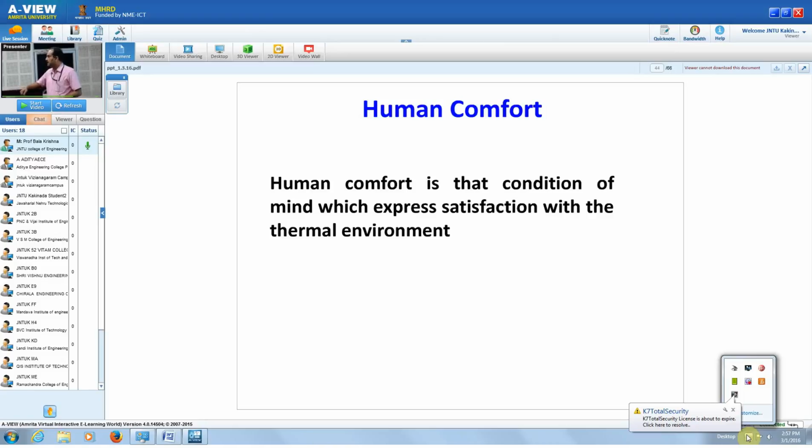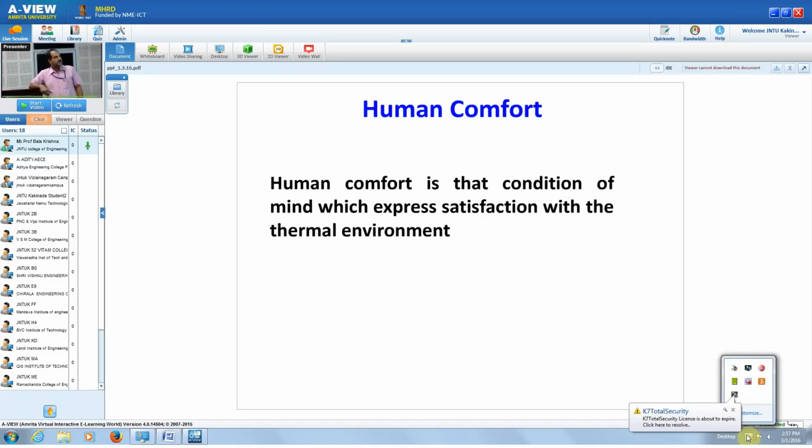As a teacher, my duty is to teach the students. When I teach well, then I am satisfied. Otherwise, I am not satisfied. If you are not understanding, I am not satisfied. That's why the mind's expression of satisfaction is important. In air conditioning also, human comfort plays a major role.